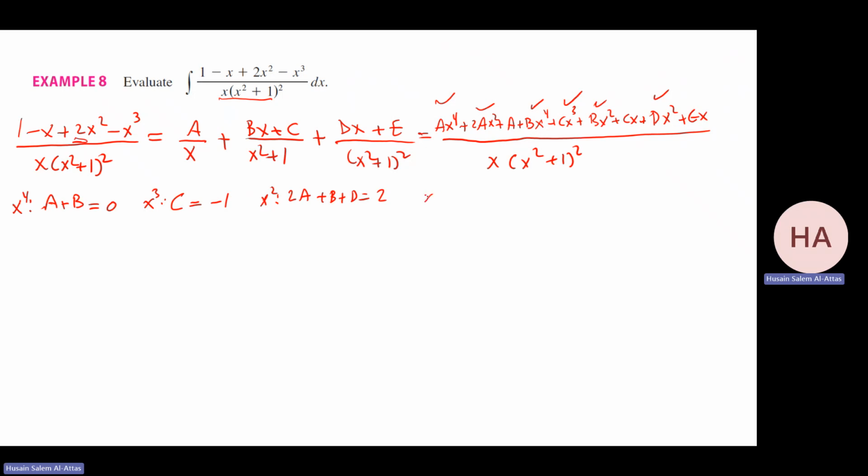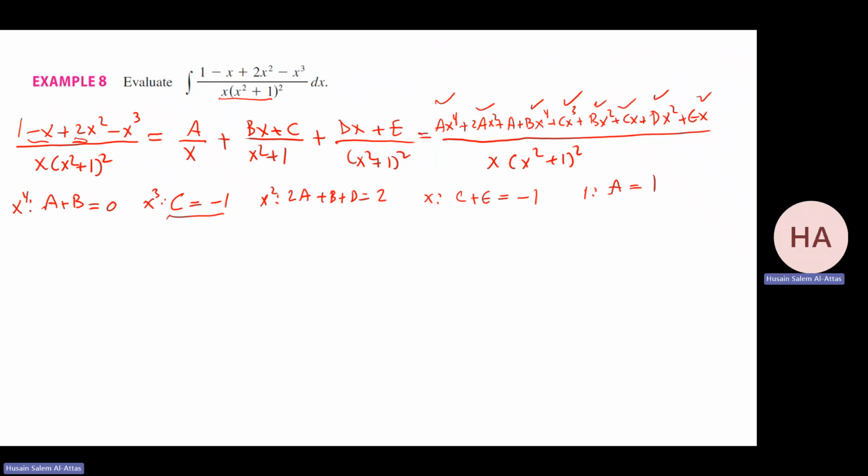Now for x, we have what? We have c plus e. And that should equal what? To -1, which is here. Now the constant, I have what? This is c plus e gone. I have a, and that should be equal to 1.